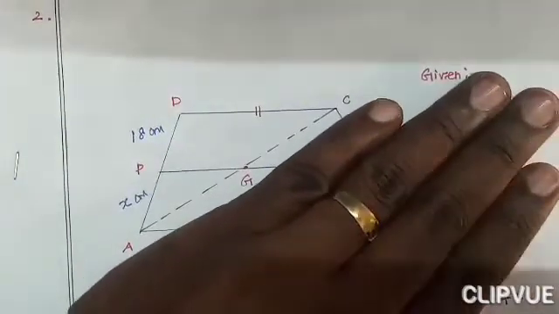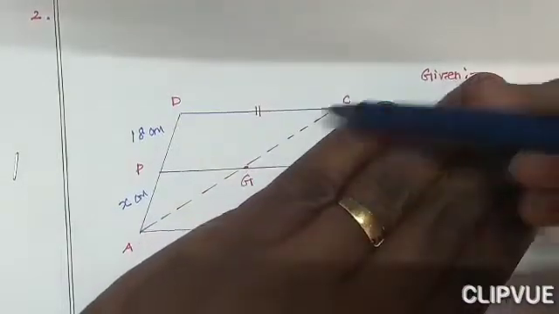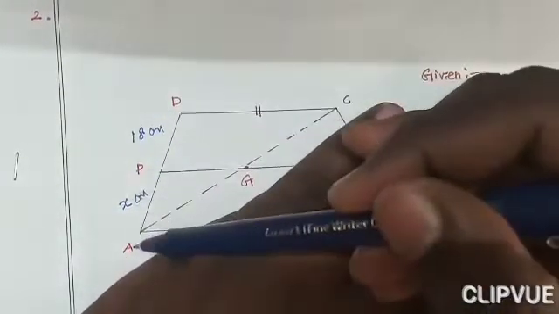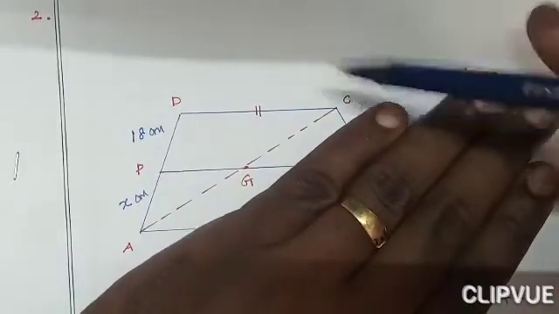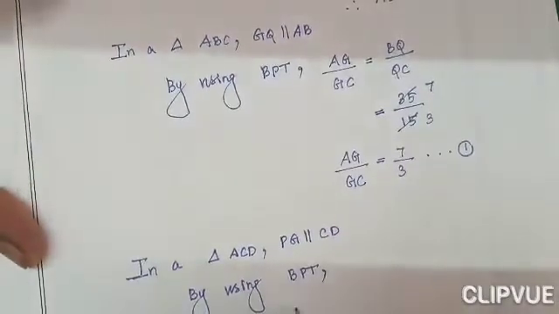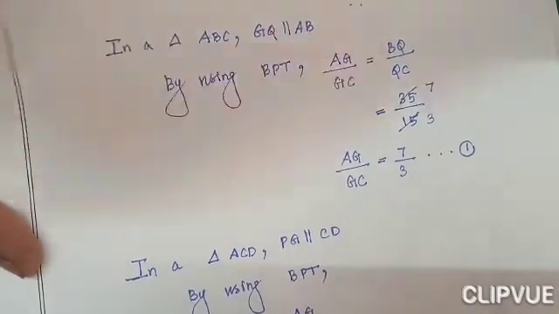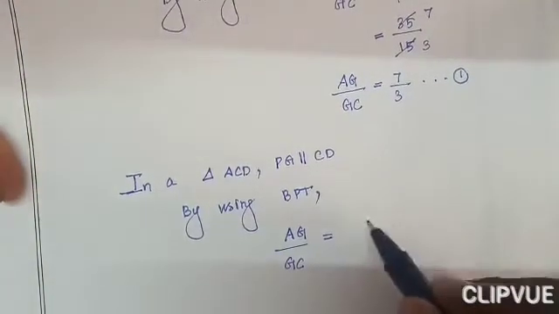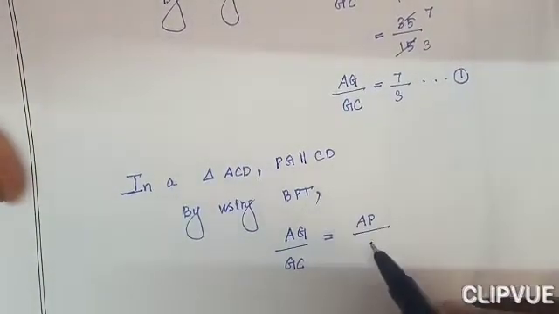AG by GC equal to AP by PD. It is very easy. AG by GC equal to AP by PD.